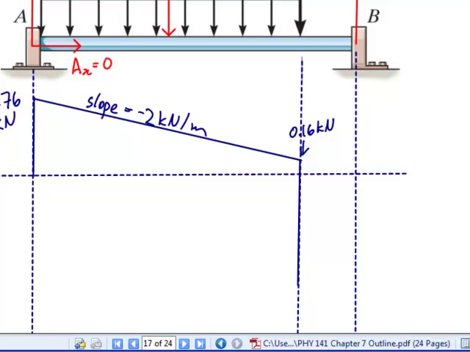Whole lot of nothing. So it goes straight across, and then what happens at B? There's the point loading here, which is going to bring it back up to 0. If we don't start and end at 0, we've made a mistake somewhere.